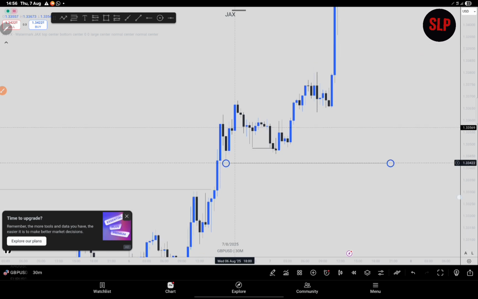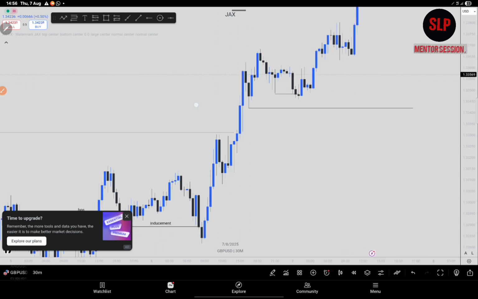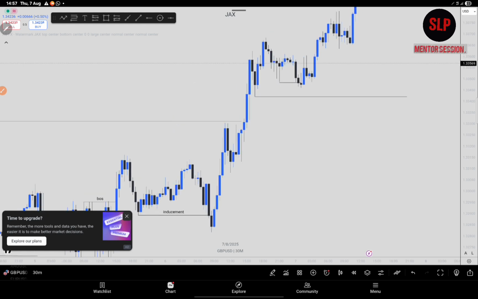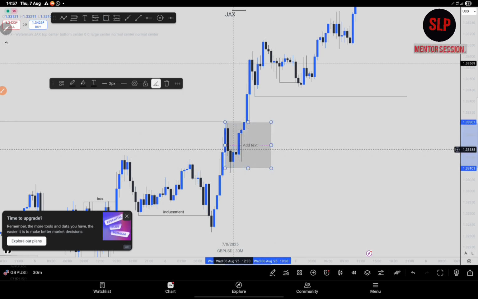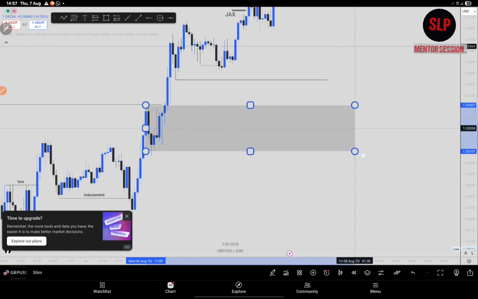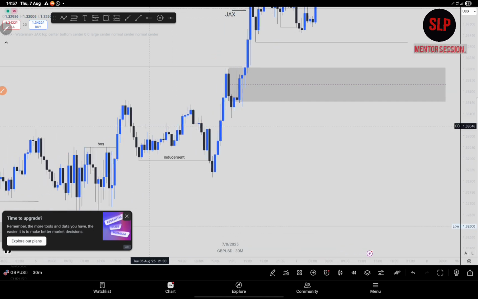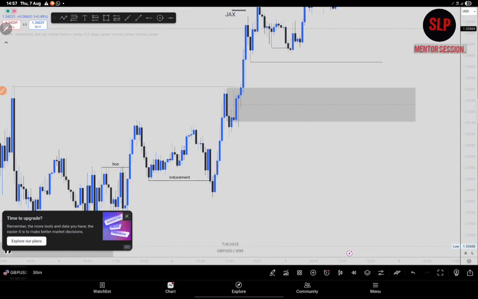If I had seen this break early, then the closest point of interest would have been here. I don't think this one mitigated the 50%. If it mitigated the 50%, then there's nothing wrong with the POI being here, nothing wrong with the other entry being here, and the main entry would be right here.